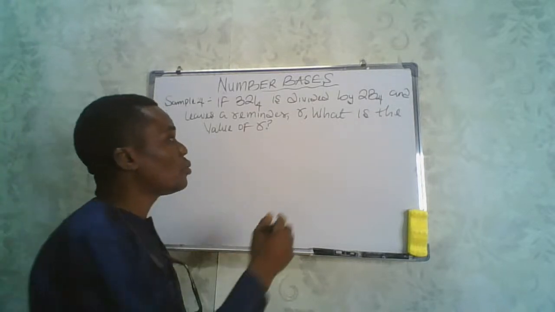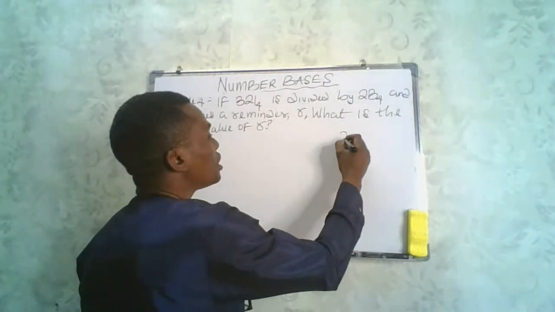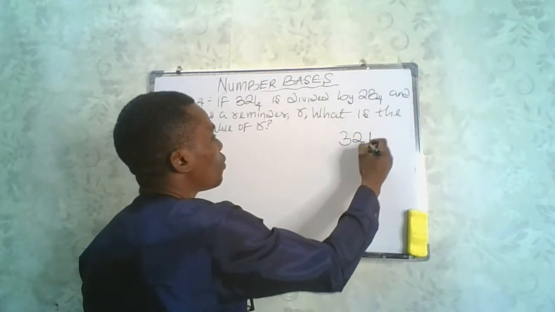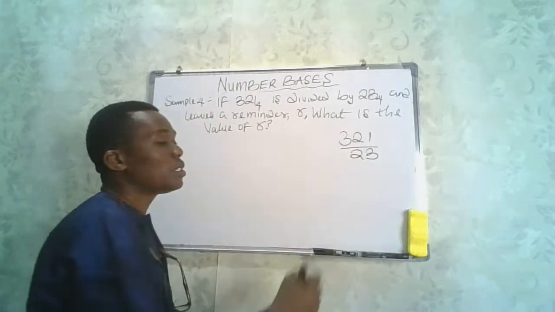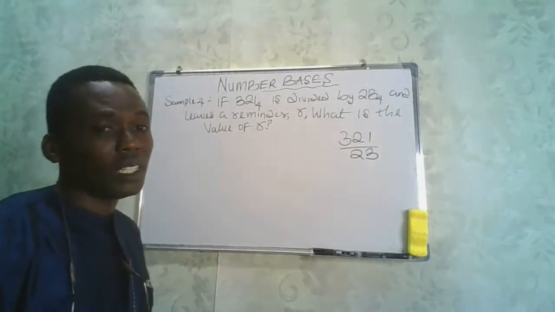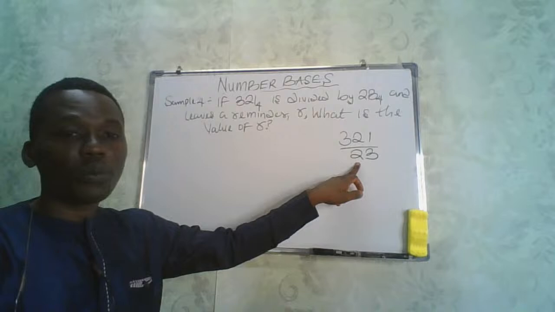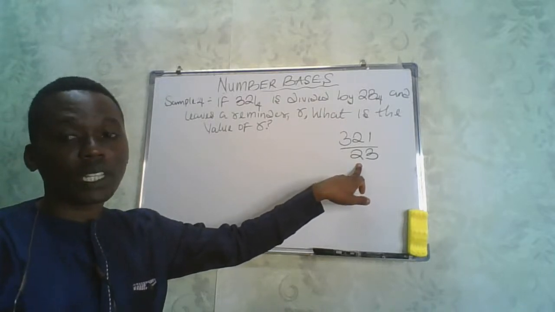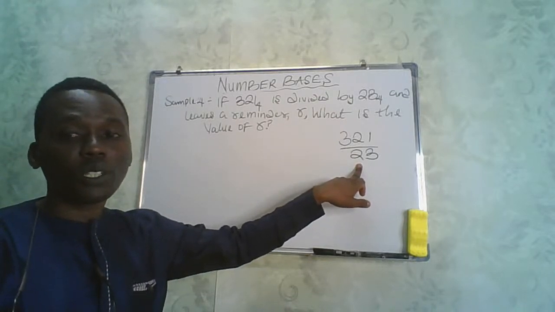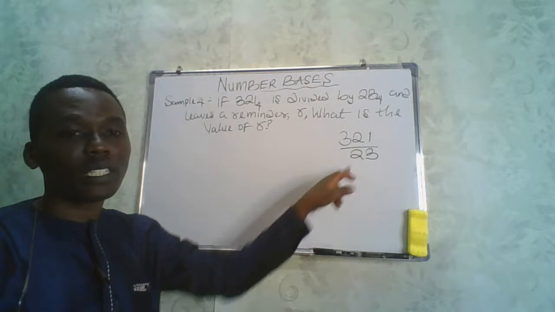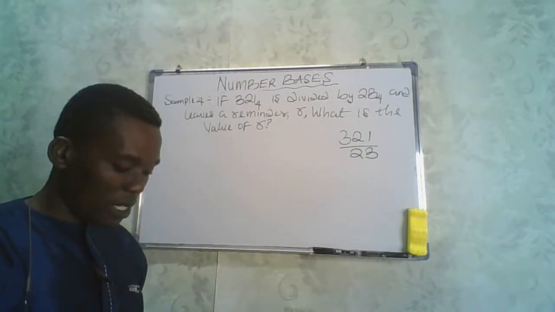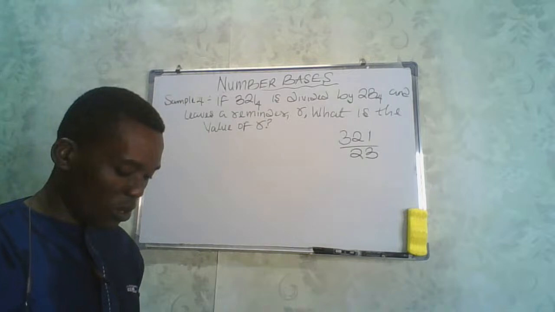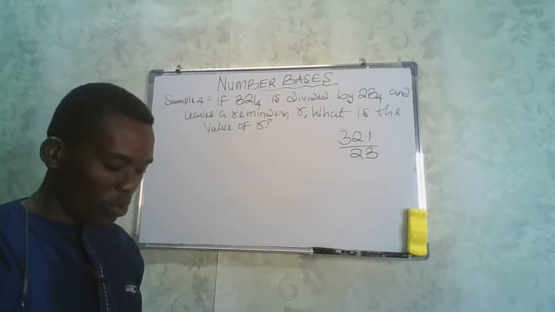Now, I bet you, if you go ahead and divide 3, 2, 1 by 23 directly, since they are both in base 4, the remainder you get will be very wrong. If you try it, you're going to see that you're not going to get the same result as the person who uses the method we're going to use.